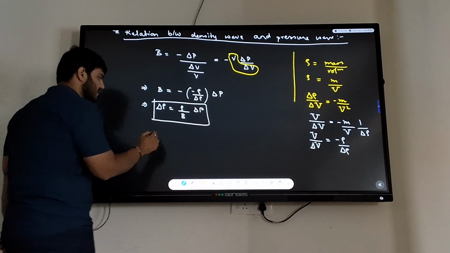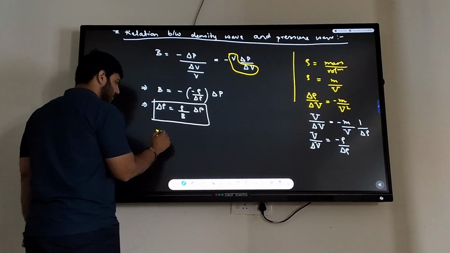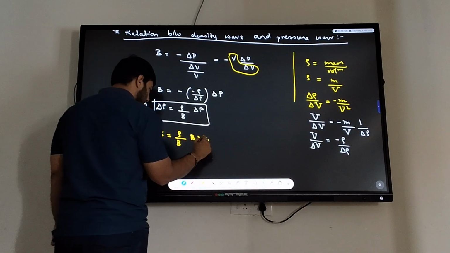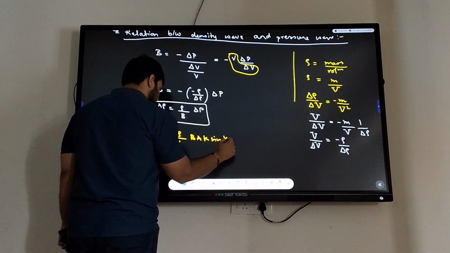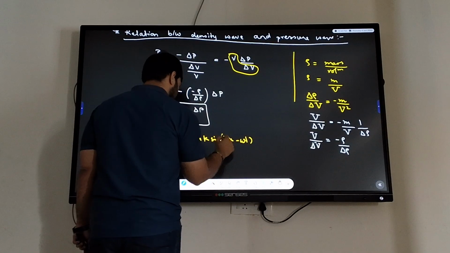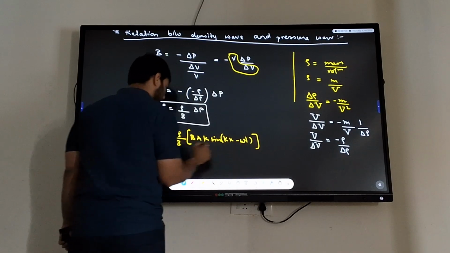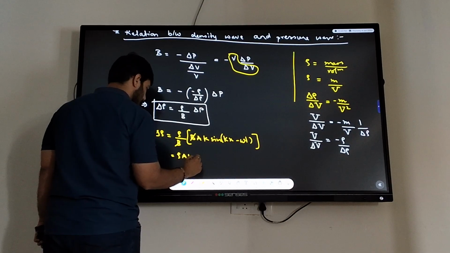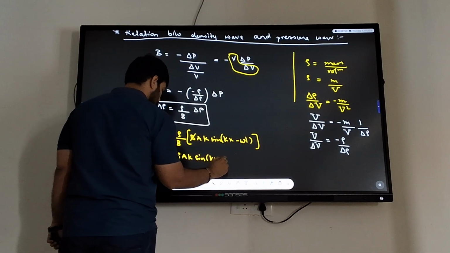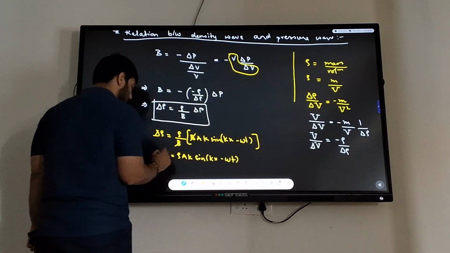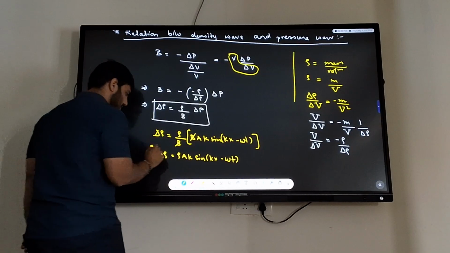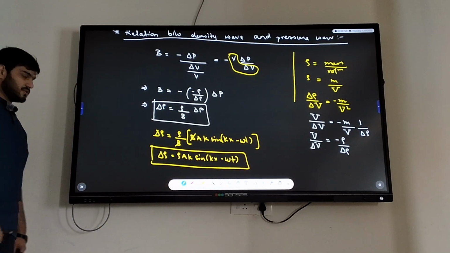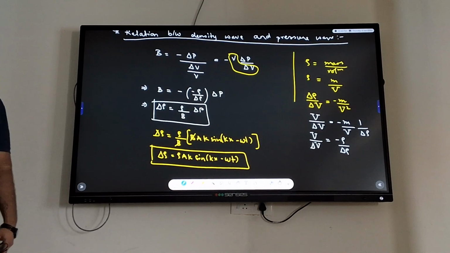So I can substitute and I will get delta rho as rho by B times B A k sin(kx minus omega t). And what will you get then? Is it okay? Please check. Rho A k sin(kx minus omega t). Okay.